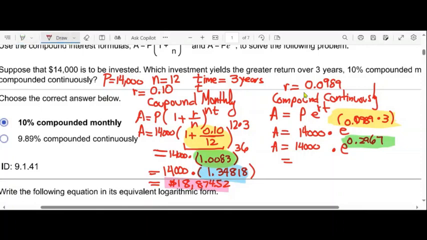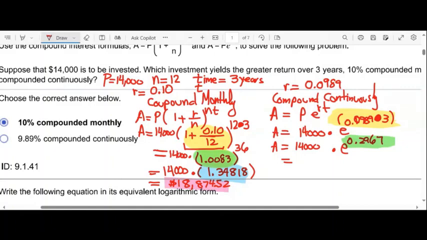This one is multiplication. Maybe that's a problem. 0.0989 times 3, close the bracket, and that will give us 0.2967.